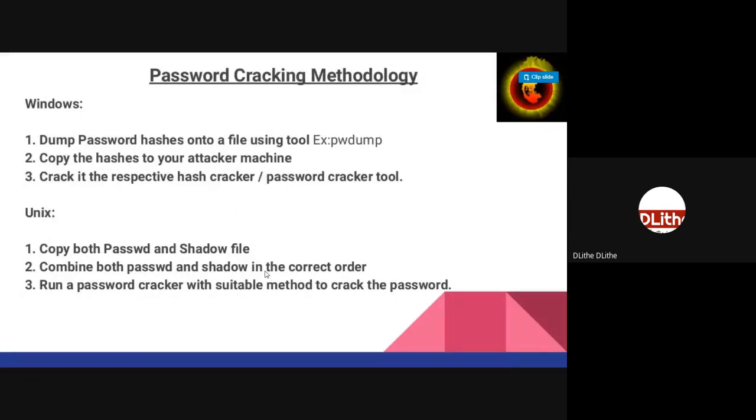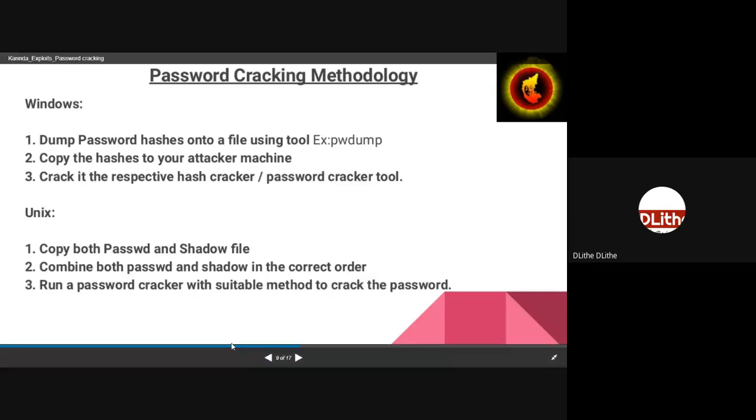In order to crack passwords, you will require two different files in Linux. First, you need to copy the shadow file, which actually contains your password hash. Second, you need to copy the file called passwd, or password file, which actually contains your usernames or possible users in the system.